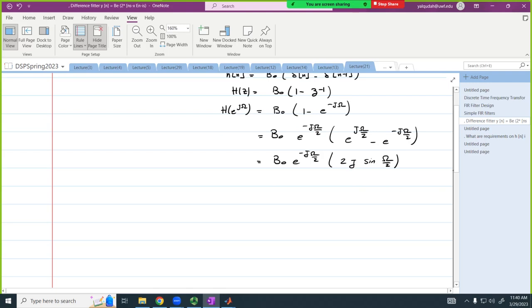How do I get rid of this j? I can write this as b0 e to the negative j omega over 2 multiplied by e to the j pi over 2 multiplied by 2 multiplied by sine omega over 2. So therefore, this is equal to 2b0 e to the j (pi over 2 minus omega over 2) multiplied by sine omega over 2.